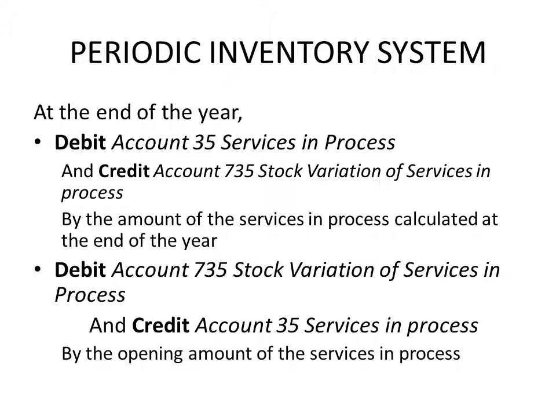So this credit entry in account 3.5 is to remove the initial amount of stock of services in progress, such that what remains in account 3.5 will be the closing amount of services in progress calculated at the end of the year. So this is the double entry which we use in a periodic inventory system.